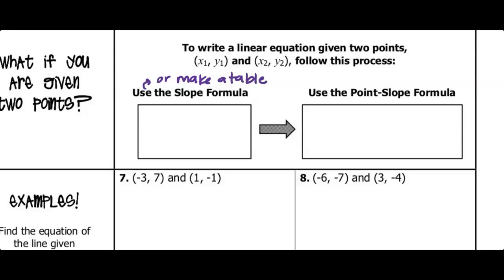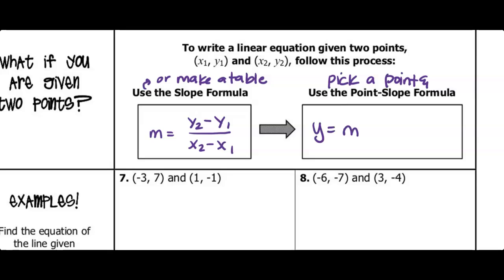Your slope formula is that m is equal to y2 minus y1 over x2 minus x1. You will then pick a point and then use the point slope formula, which we talked about yesterday, as y equals m times x minus x1 plus y1.